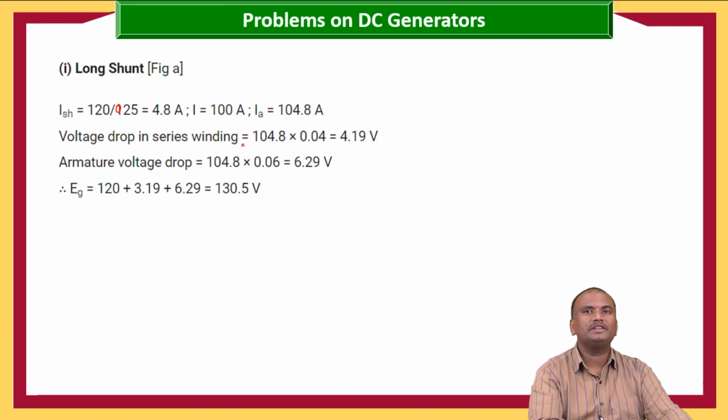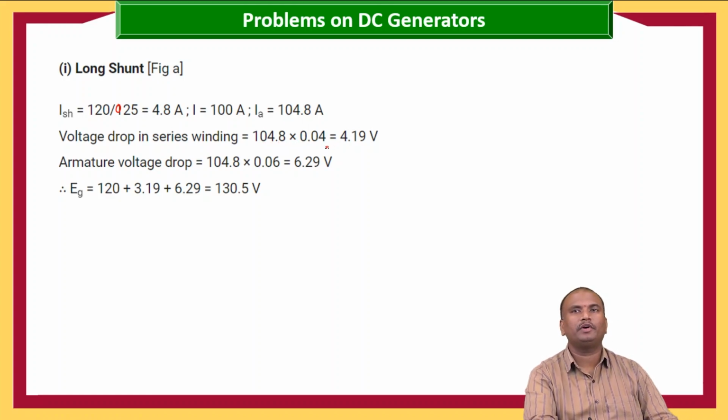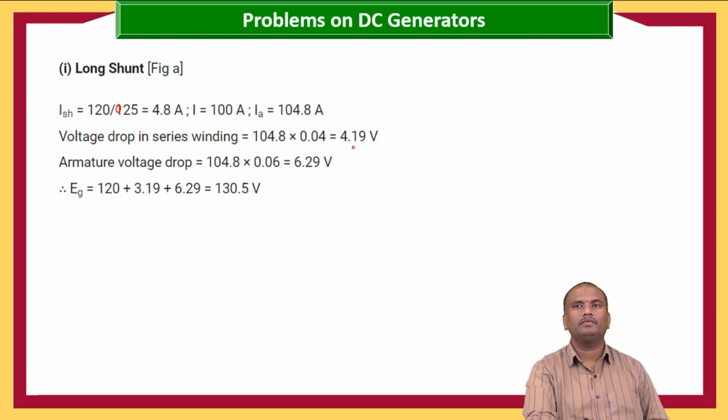The voltage drop in series winding is 104.8 into 0.04, which is equal to 4.19 volts.